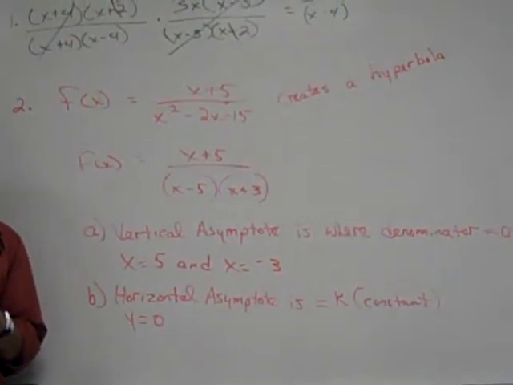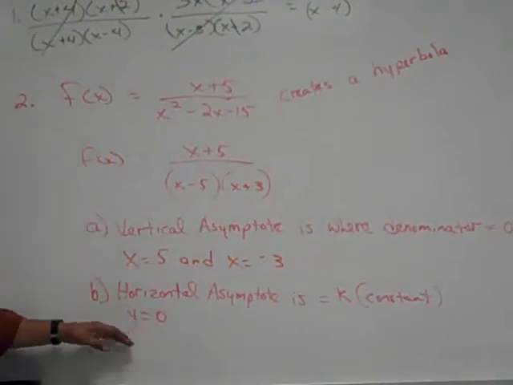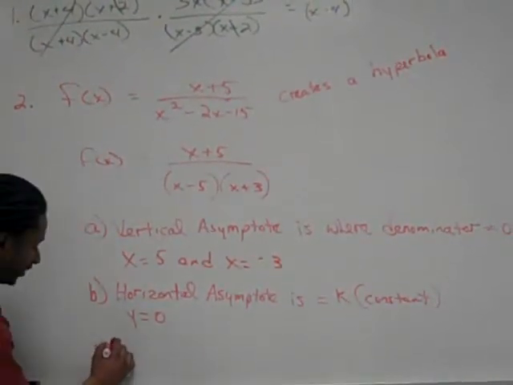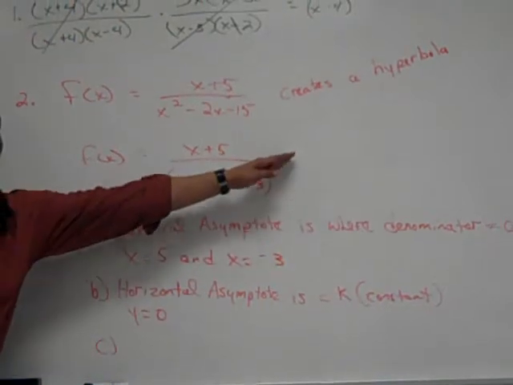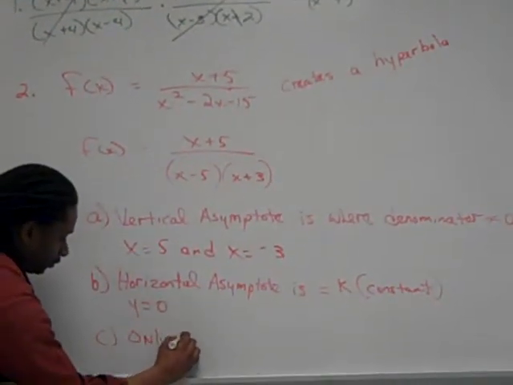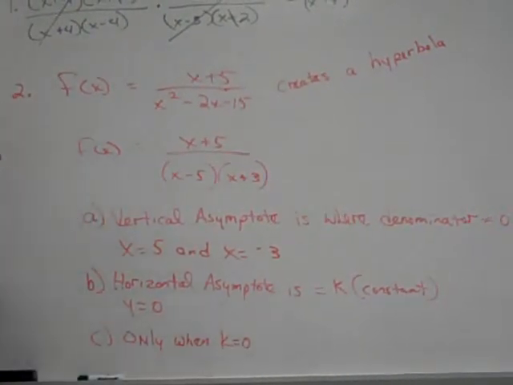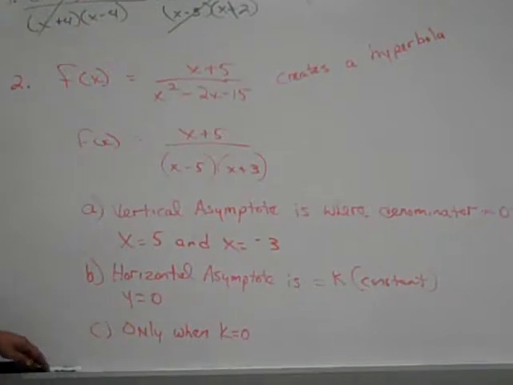When b was 0, right? When b wasn't there. So the x-intercept you can only find when k is not there. Only when k equals 0. That's the only time we can find the x-intercept.